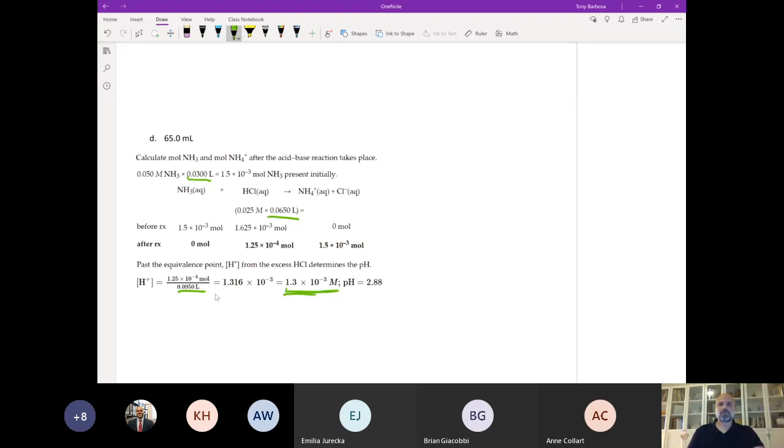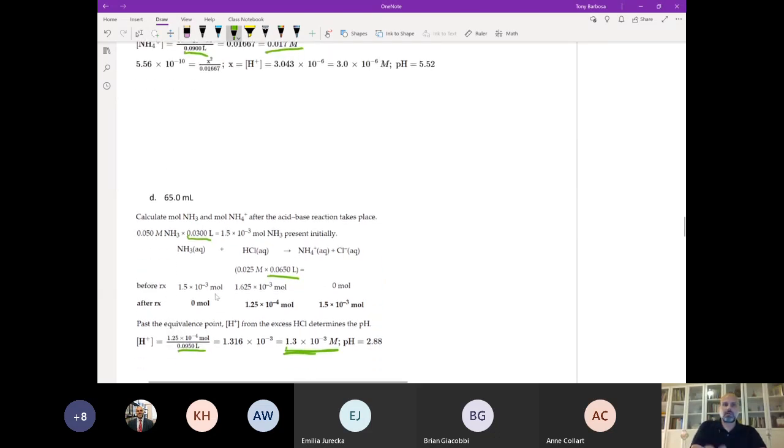So that's a big difference in comparison to the 3.0 times 10 to the minus 6 molar that we have up here, right? It's about 1,000 times more concentrated. So that's why the pH is just purely determined by taking the quantity of extra acid and measuring the pH of that alone.